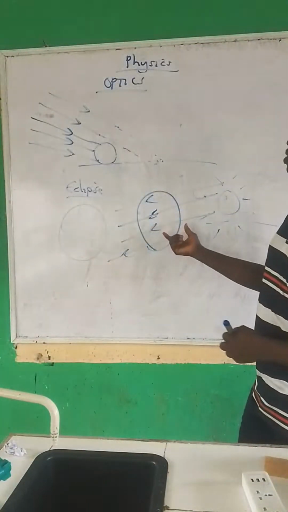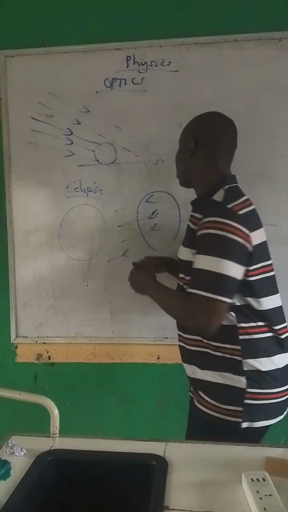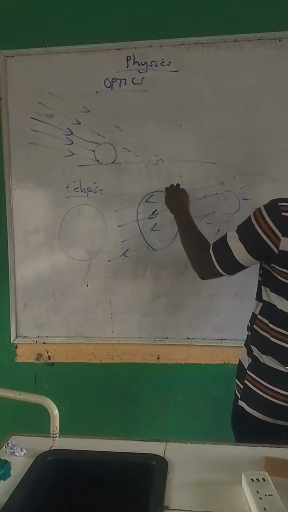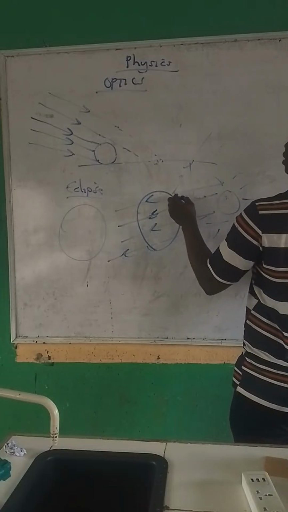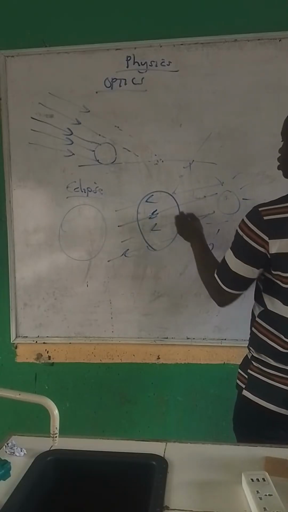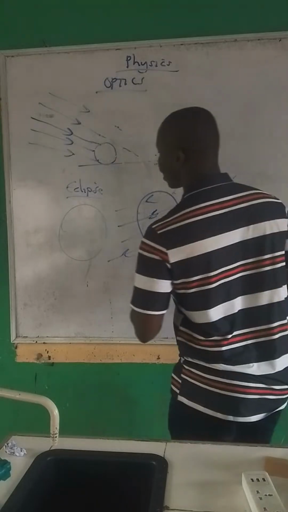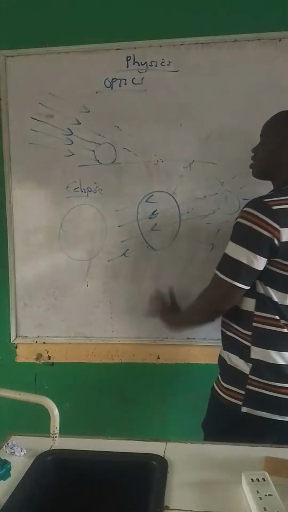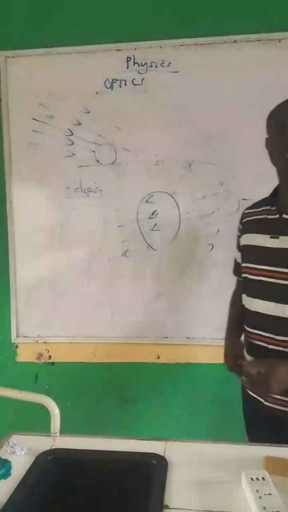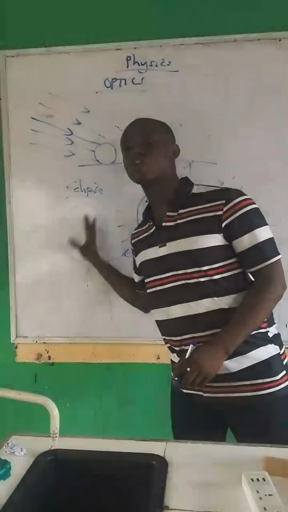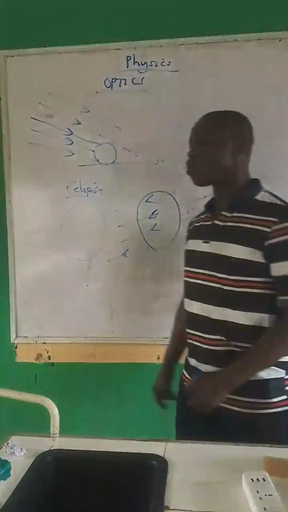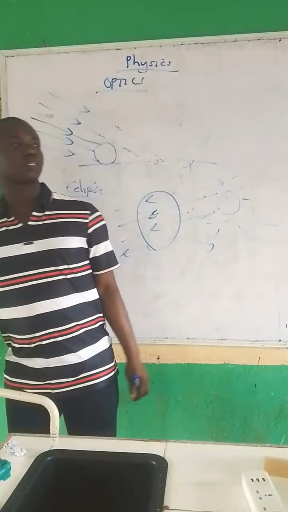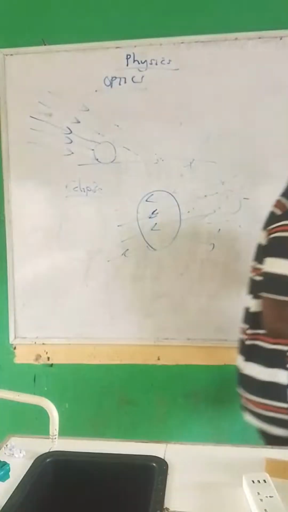Since the planet is opaque, it will now start reflecting these lights backwards. Because of this, light can no longer get to this planet. So the shadow of this planet is now cast on the other planet. Light has been suddenly cut off from this planet. That is what we call eclipse. I hope you understand.